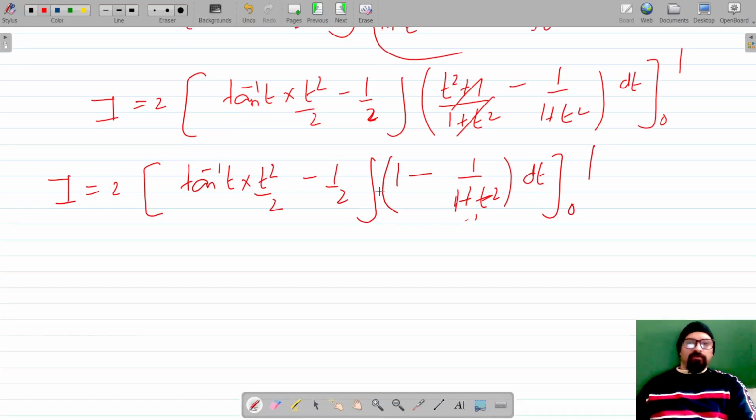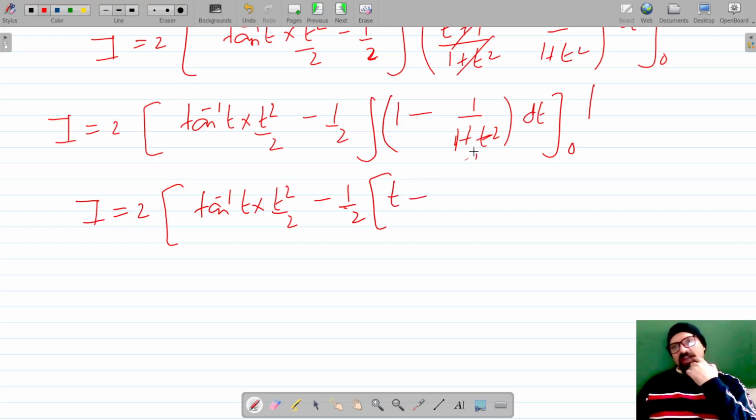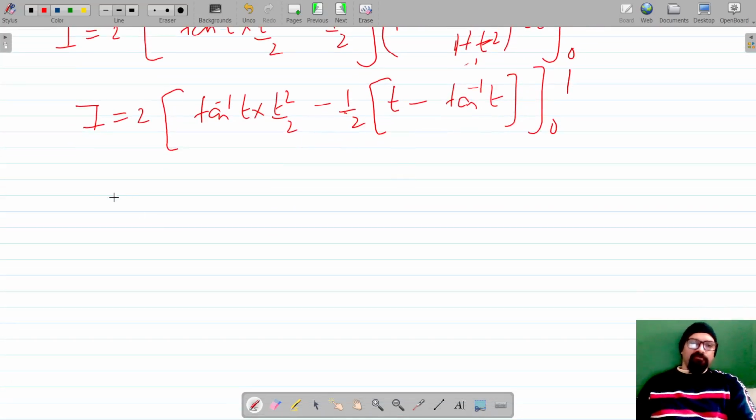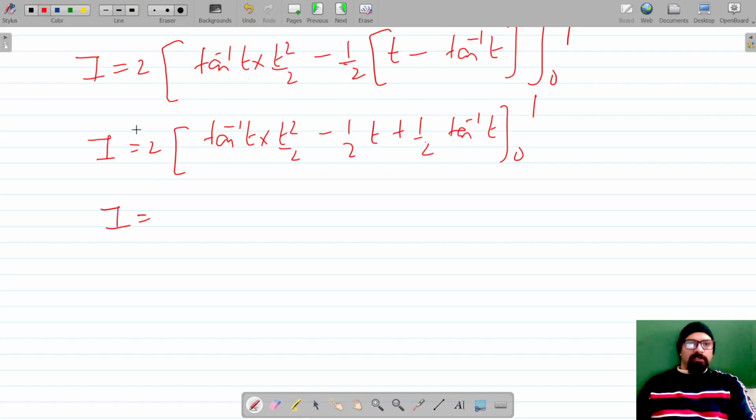Now finally I is equal to 2 tan inverse t into t squared by 2 minus half, and integration of 1 is t, and integration of 1 plus t squared is once again tan inverse t, for the limit 0 to 1. Okay, so let's open up the bracket in the internal one. So this is tan inverse t into t squared by 2 minus half t plus half tan inverse t, 0 to 1. Let's multiply all these with 2.